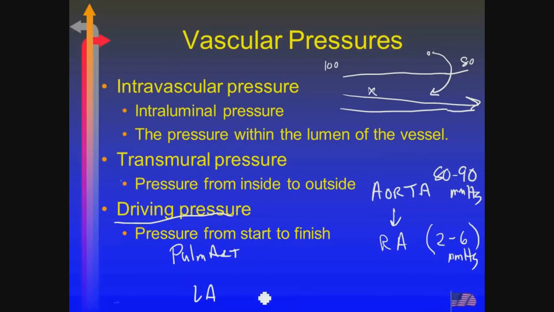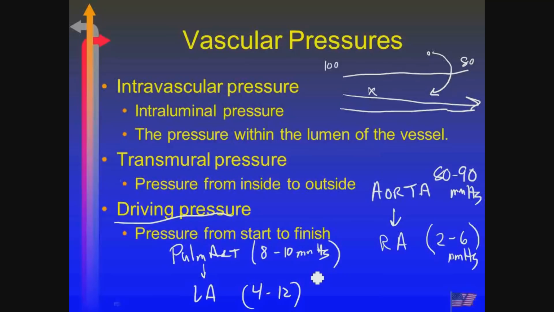The left atrium, the end of the pulmonary process. You don't need to know the numbers yet. We'll get to that later. But just recognize that there's a pressure differential between the highest point in that circuit and the lowest point in that circuit. Is that a fair deal?